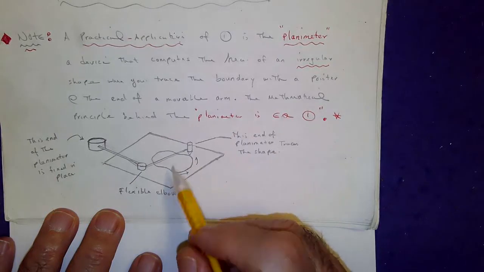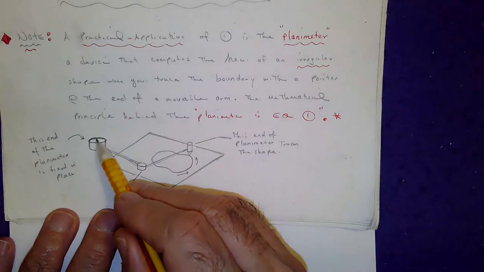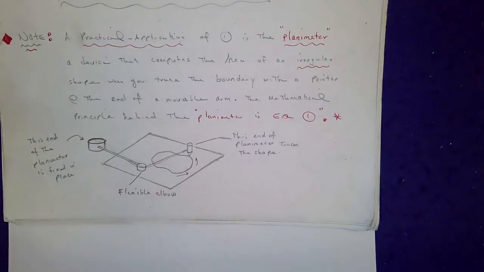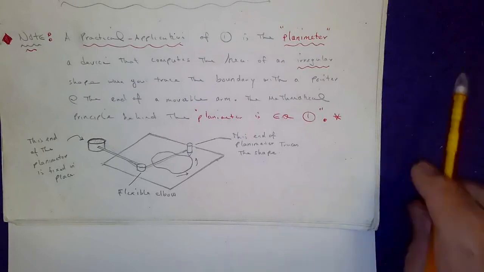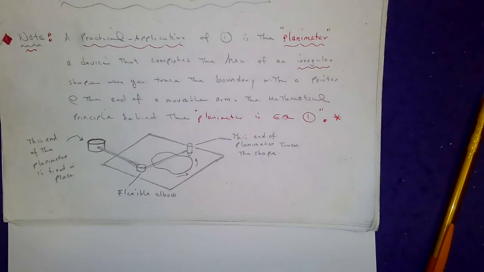And lo and behold, there is a digital device here that reads the area. Architects use this to find the area of an irregular shape, and the concept behind it is Green's theorem, finding the area of an irregular shape using the line integral, which is the consequence of Green's theorem.